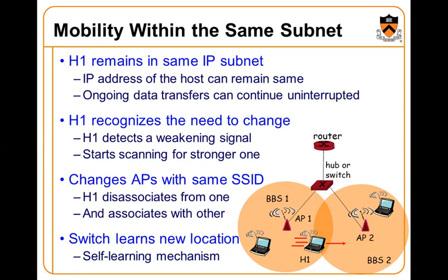So host 1 detects this weakening of the signal, and that's why it starts scanning the environment and looking for a new access point. Meanwhile, this is called the overlapping region, in which both access point 2 and access point 1 signals will be detected by host 1.